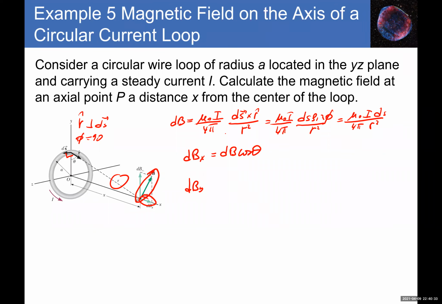And again, don't confuse theta with phi: phi is the angle between the two vectors in the cross product, while theta is the angle that r hat makes with the y-axis, which can then be used to set up the components of the magnetic field. So dB cosine theta, and this is then dB sine theta.